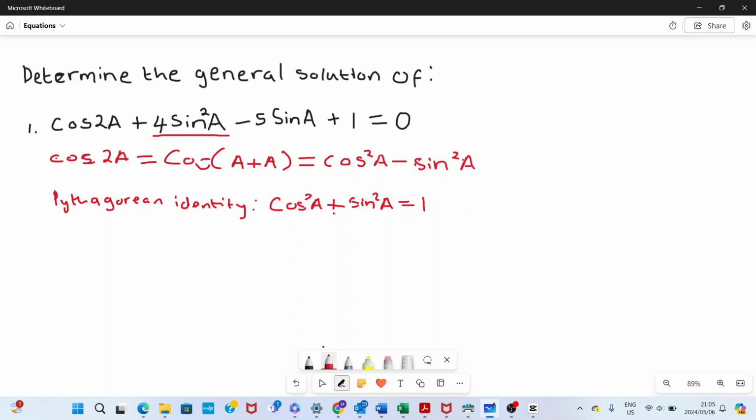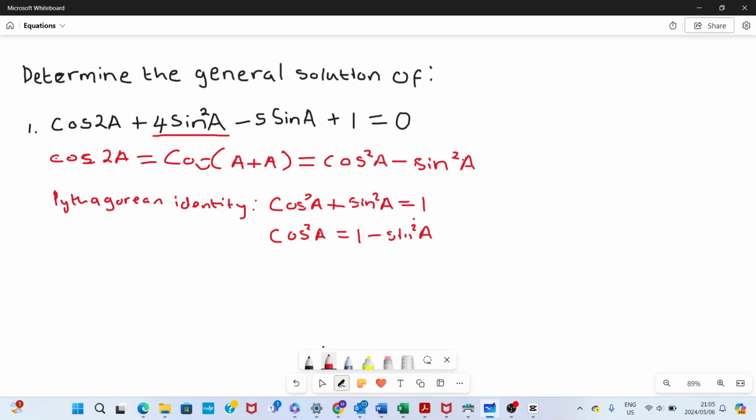Using this, we can see that the cosine squared of a is equal to 1 minus the sine squared of a.